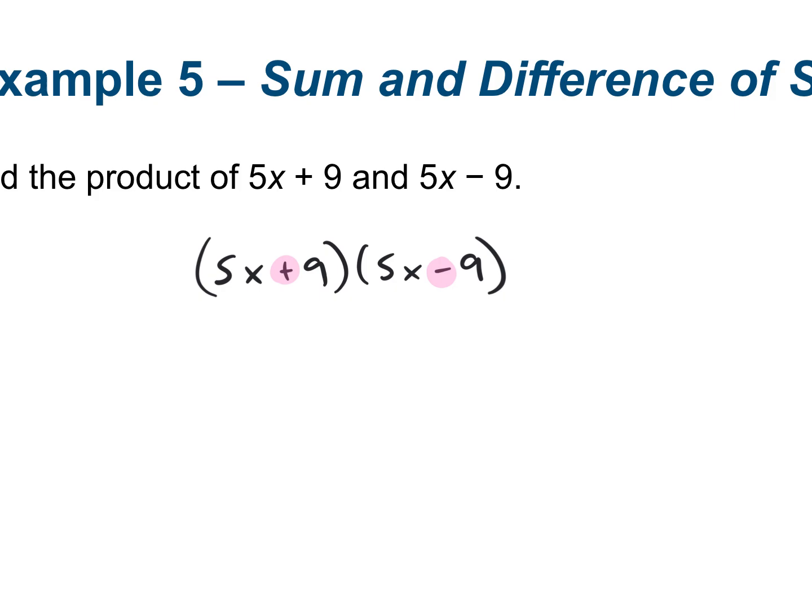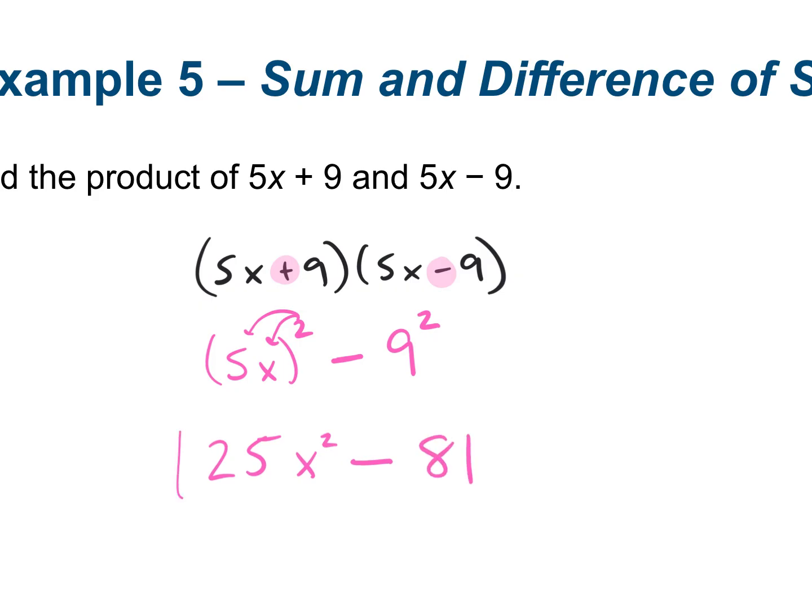Let's try the shortcut. So in our shortcut, we take the first term and square it, minus the second term squared. Be careful when you do 5x squared, we got to square the 5 and square the x. So what is 5x squared? 25x squared minus, what's 9 squared? 81.